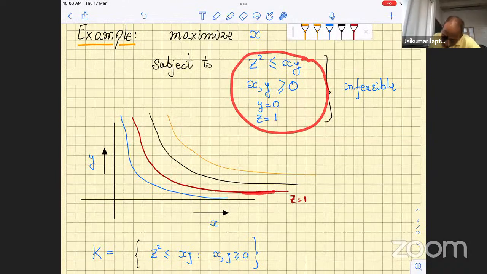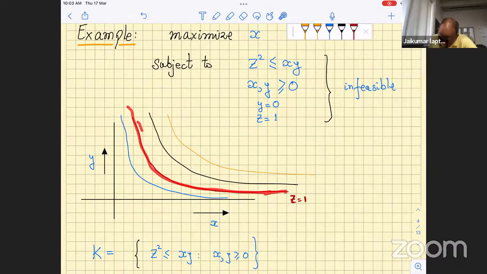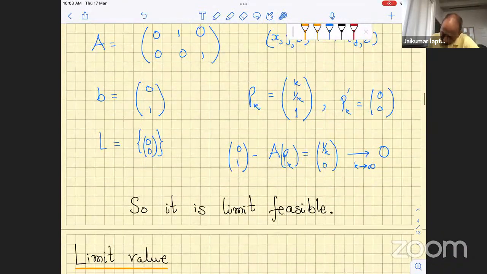Whenever I'm on this line, certainly this constraint is being satisfied with equality. x and y are greater than or equal to 0, no problem. z is equal to 1 because I'm traveling only on this slice, which is z equals 1. So everything is good. The only trouble is that y is not quite 0, but by moving farther and farther away, I can get closer and closer to y equals 0. Okay, so that is what is being done here.